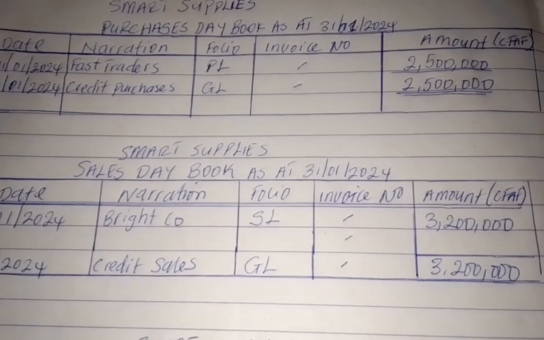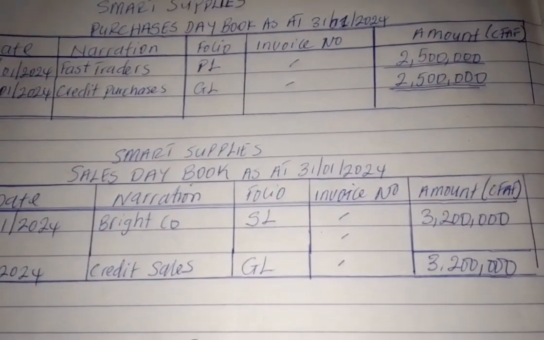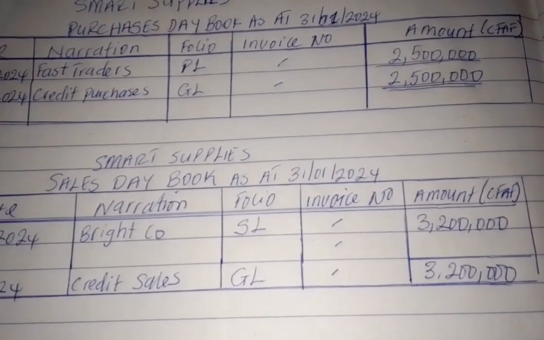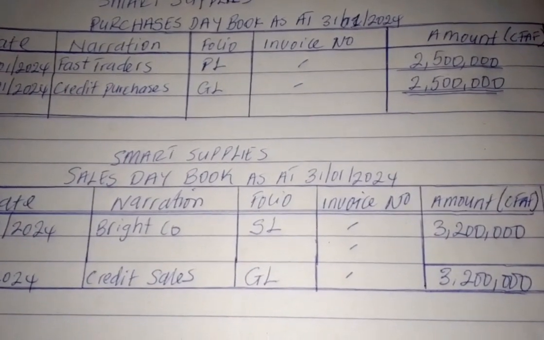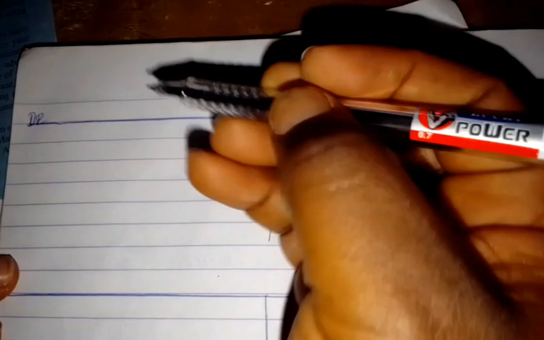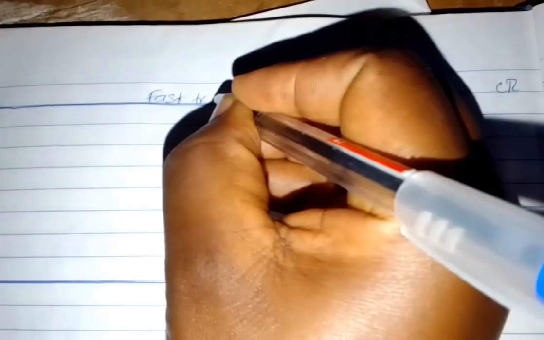So we are going to start with the purchases day book. There was just one customer, so we are going to create a ledger account for the customer, Fast Traders. So I write Fast Traders.